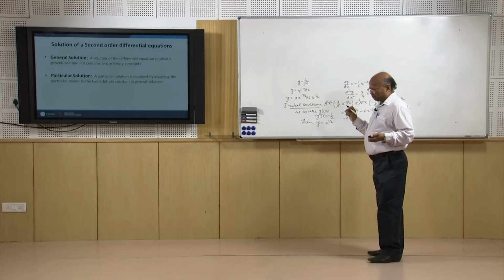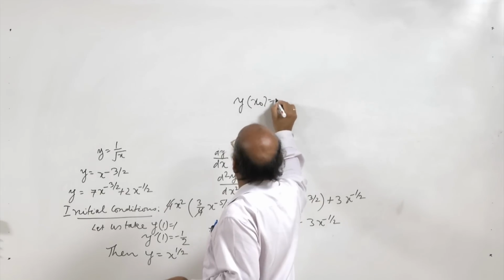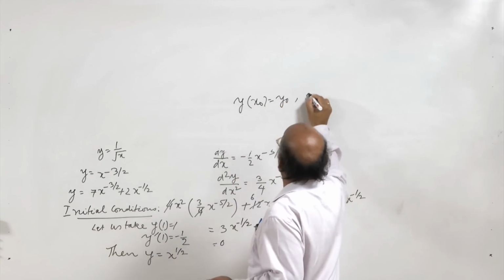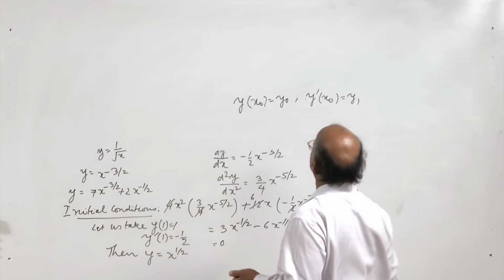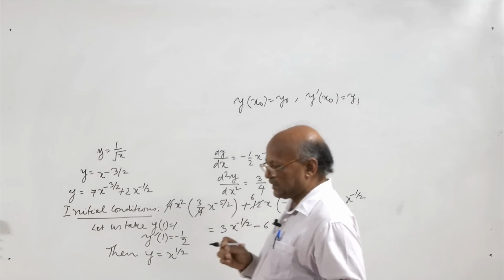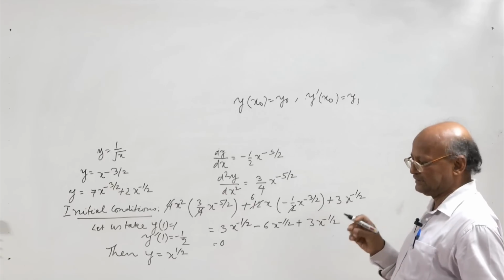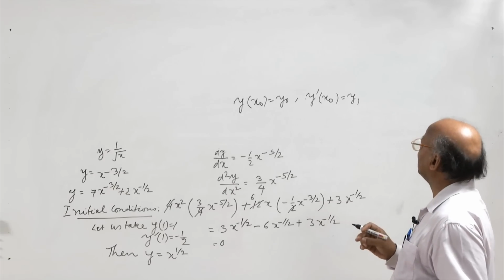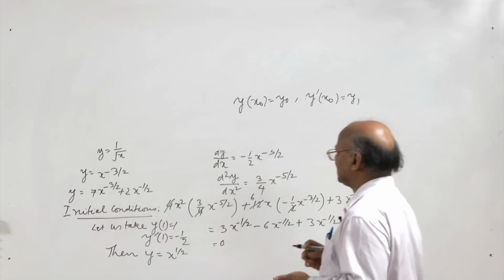Suppose we are given y at x0 equal to y0 and y' at x0 equal to y1. Then these conditions are given at the point x0. Generally in practical applications, this x0 is nothing but the time variable t, and so the conditions are given at time t equal to 0. That is why we call them initial conditions.